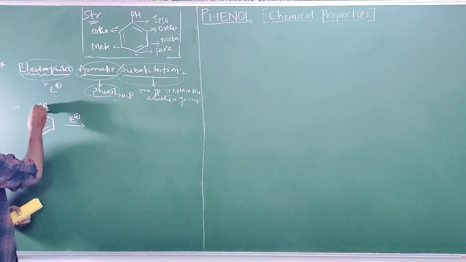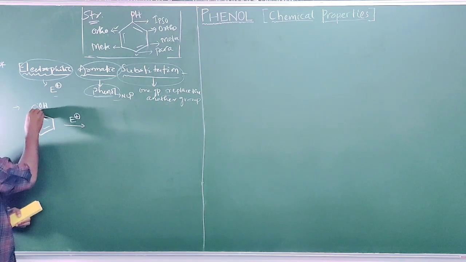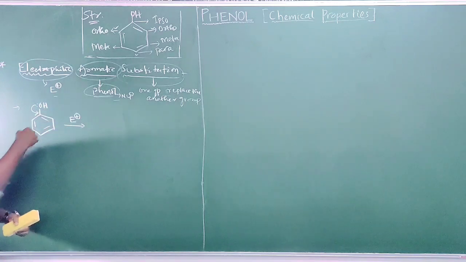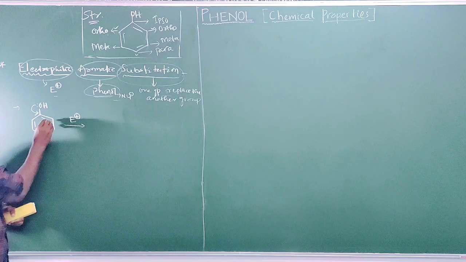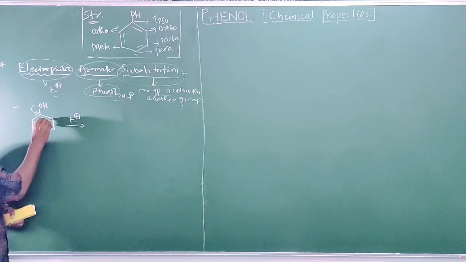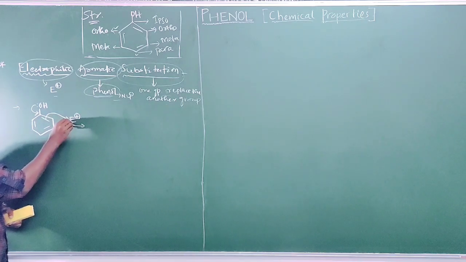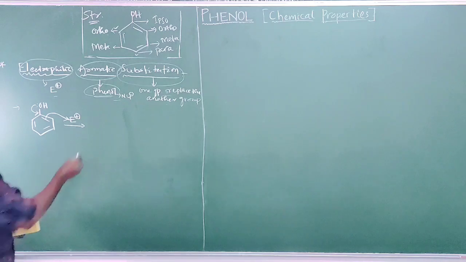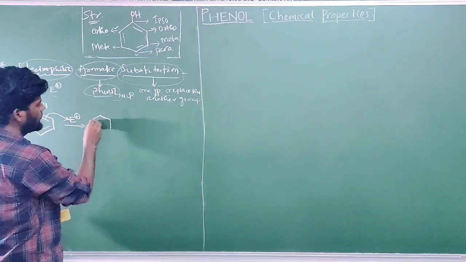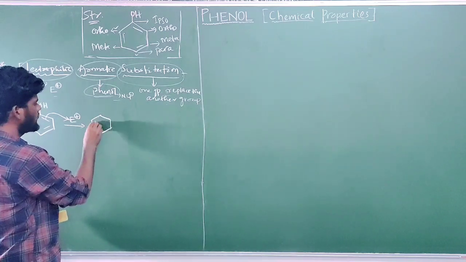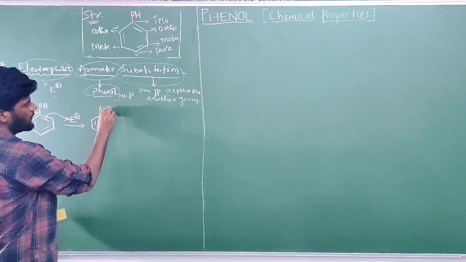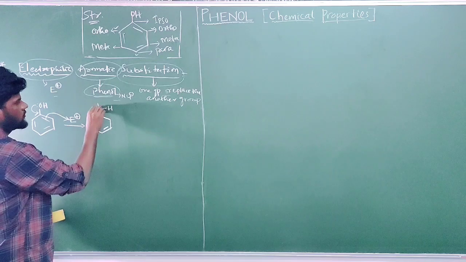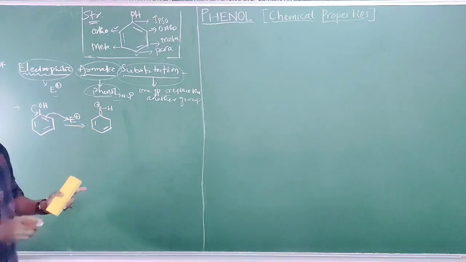The oxygen lone pair gives electrons to the aromatic ring through resonance. Do the mechanism: mark this bond, which attacks the electrophile. In the first step you will get a double bond, and as oxygen donates electrons, a positive charge is over oxygen.